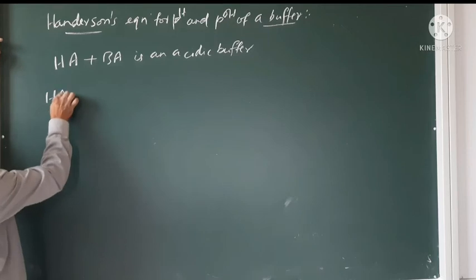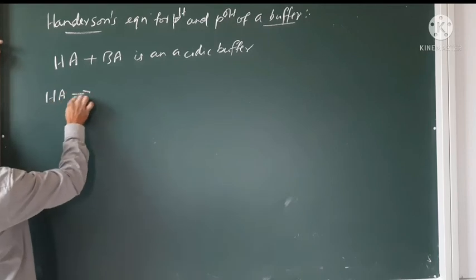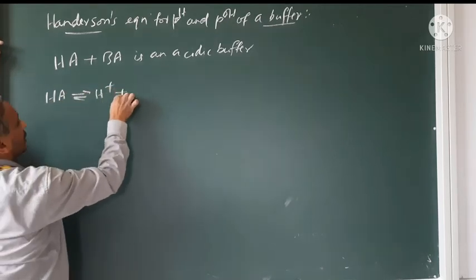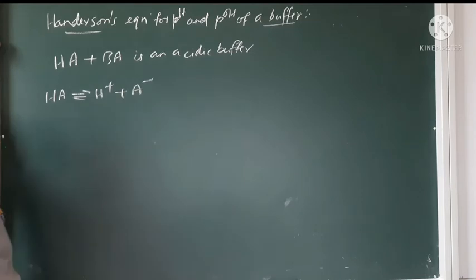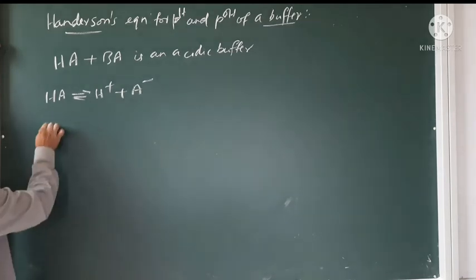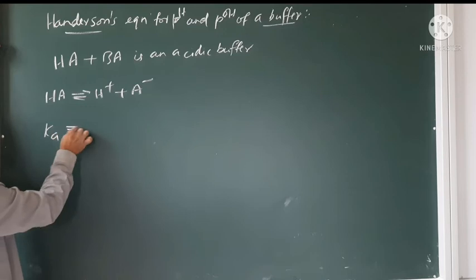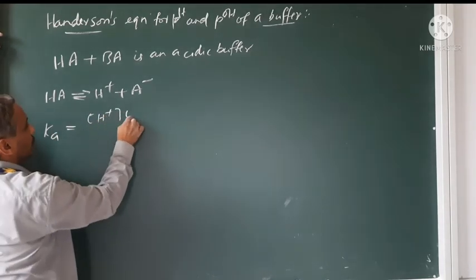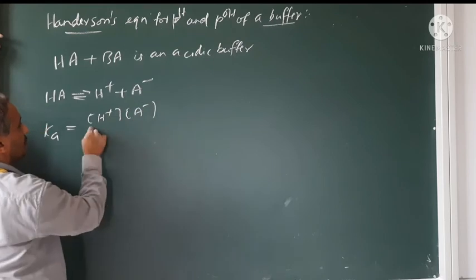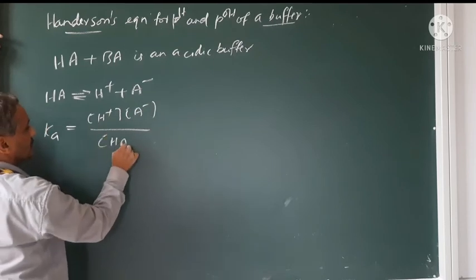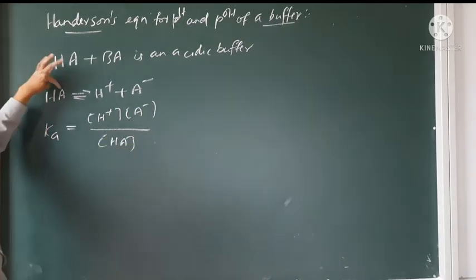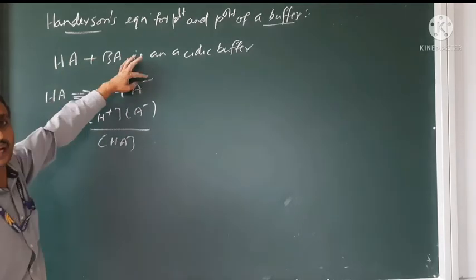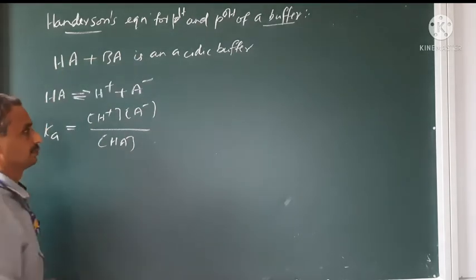So HA ionizes to give H plus and A minus. For this, I can write the dissociation constant, which is H plus into A minus divided by HA. Or I can write HA plus water giving H3O plus and A minus also. Remember this.